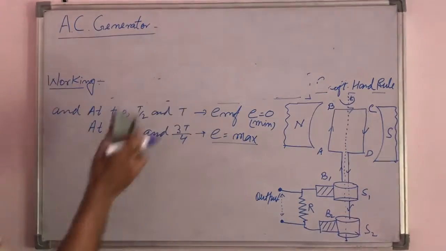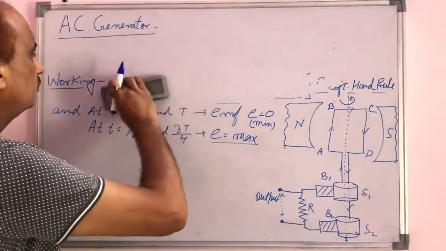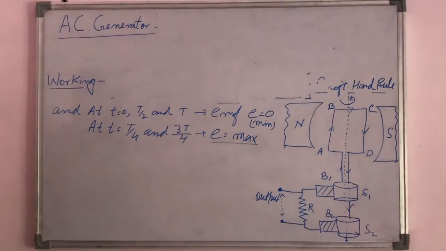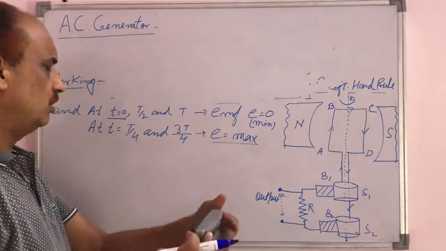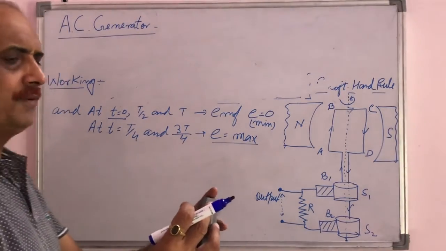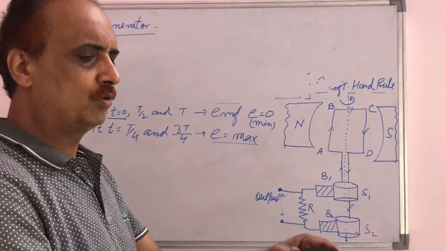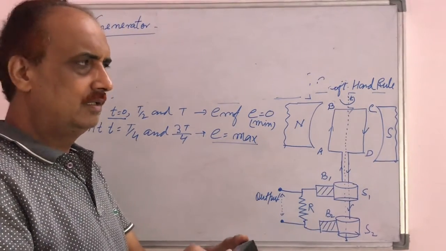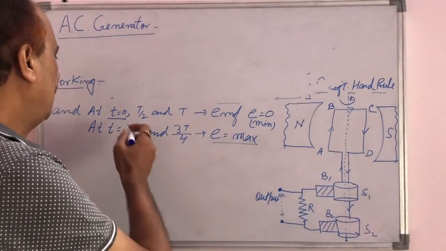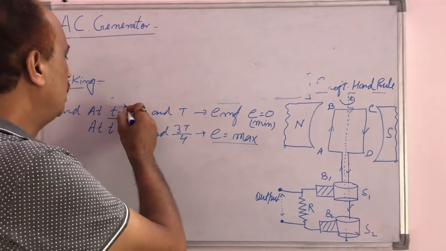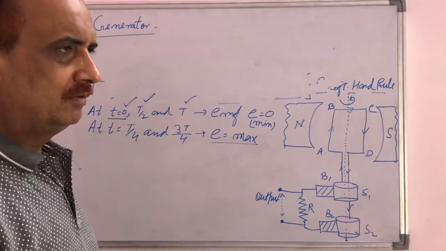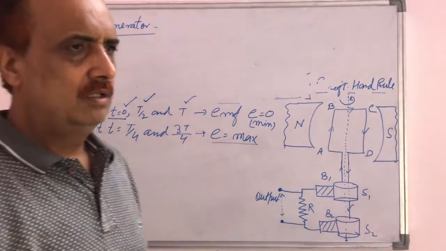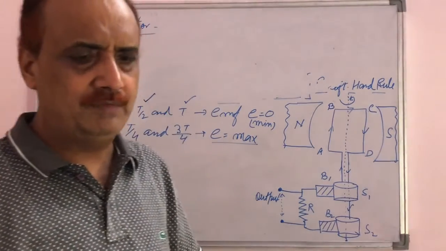When the coil is rotating between the two opposite poles of a strong magnet, at time t equal to 0, from the vertical situation, up to the half time period, meaning a complete half rotation, and then at t equal to T by 2 and T, the complete one rotation is divided into 5 situations.